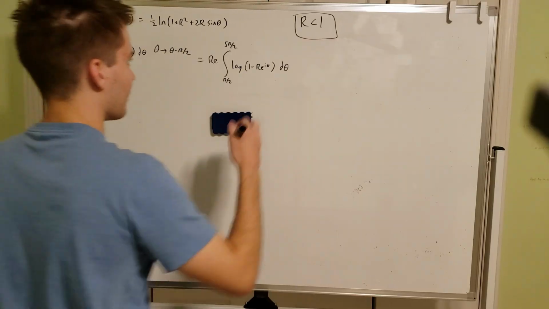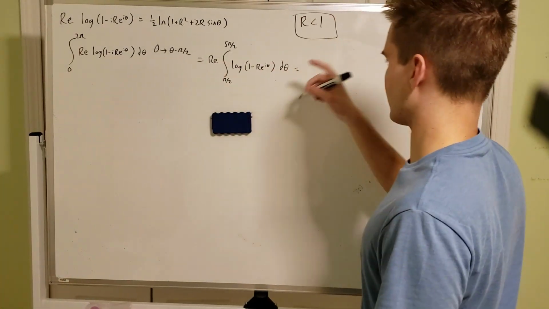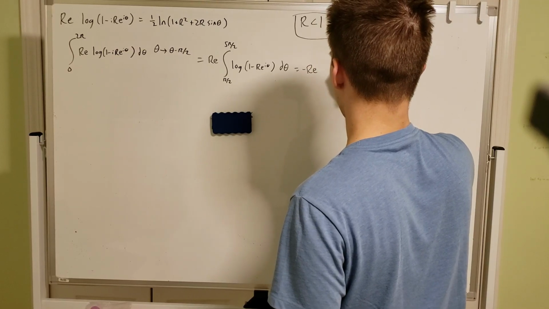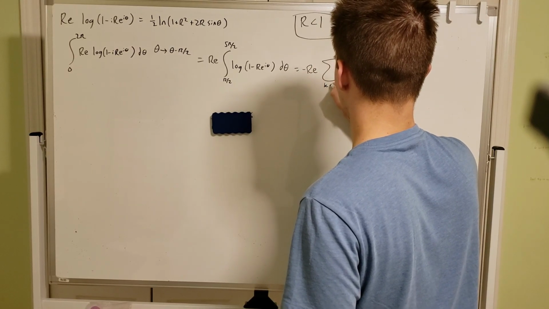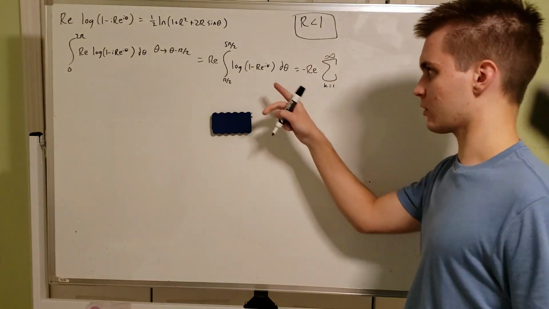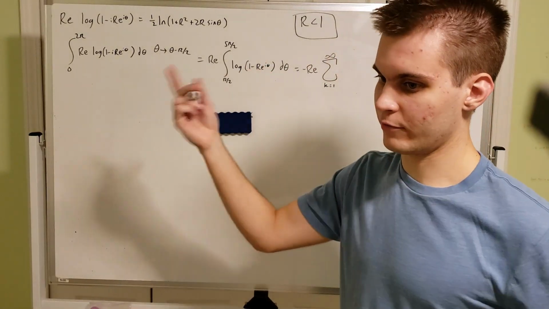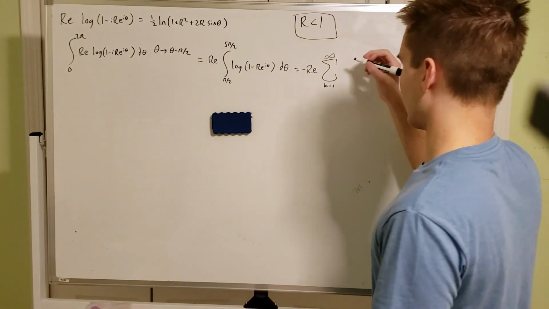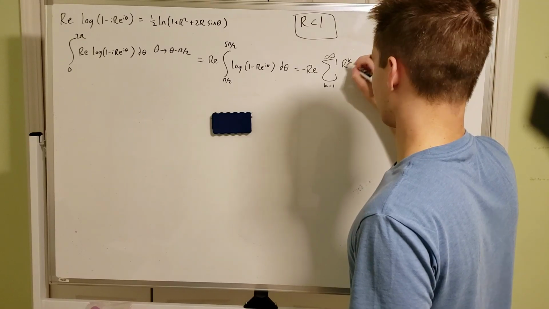Now we can expand this using the series. So this becomes minus real part. Anything related to theta has to stay inside the integral, but the r will be part of the x to the k. So r to the k can be pulled out because it's independent of theta.